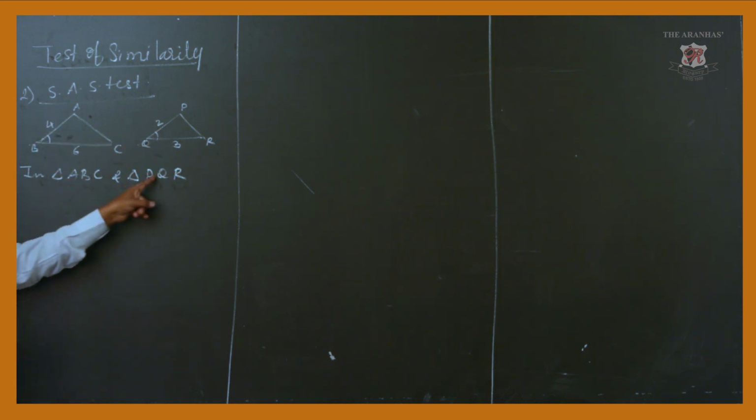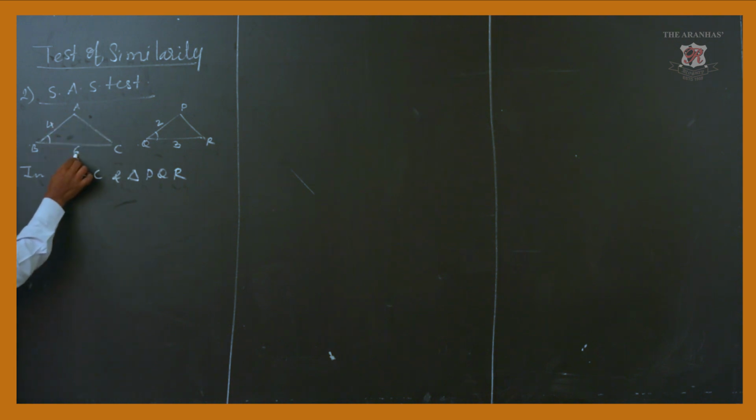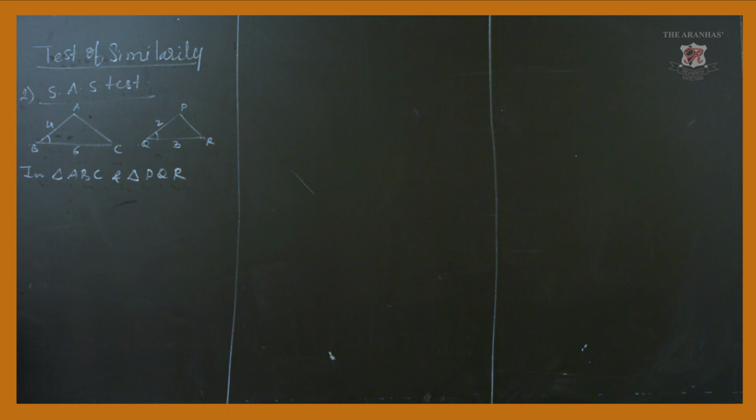In triangle ABC and triangle PQR, if we observe, they gave us two sides including one angle, and here also two sides including one angle. So, we are going to compare the ratio of the sides.